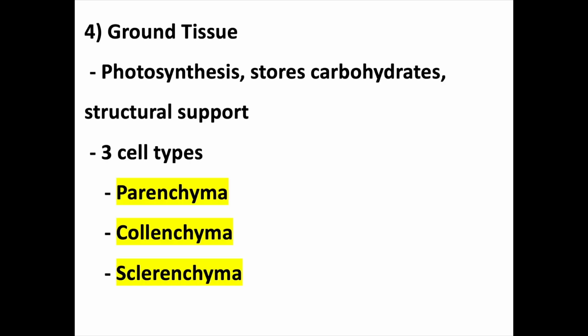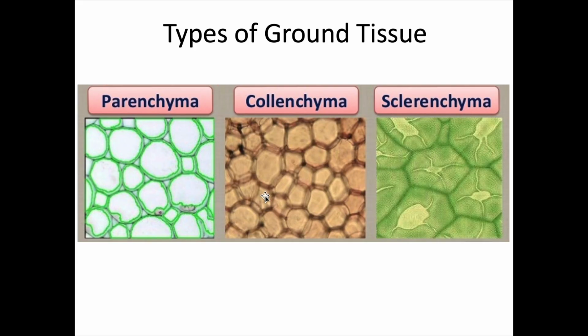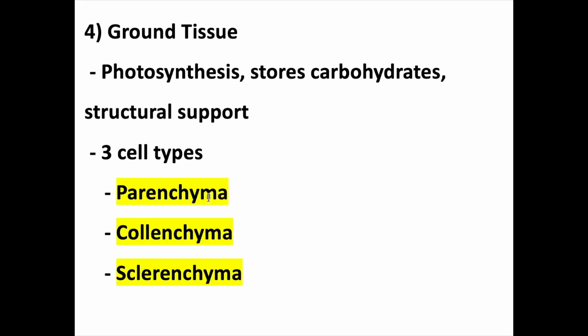Now, there are 3 cell types of ground tissue. They're not much to look at visually, but here they are if you want something. Parenchyma, collenchyma, and sclerenchyma. Now, if we lived in a logical world, one of these would do photosynthesis, one would store carbohydrates, and one would do structural support, but that is not the case.